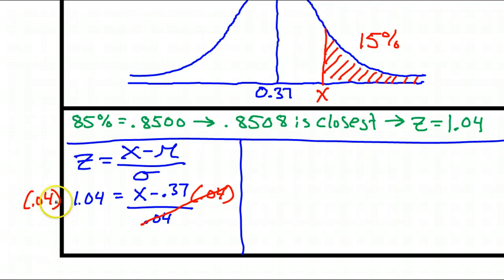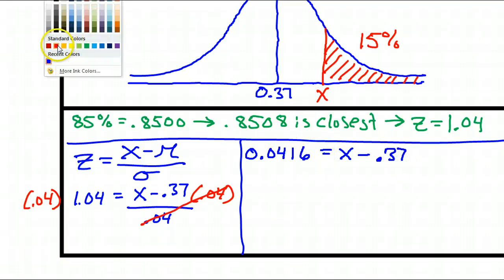So let's see, 0.04 times 1.04. That gives me 0.0416. And that equals x minus 0.37.